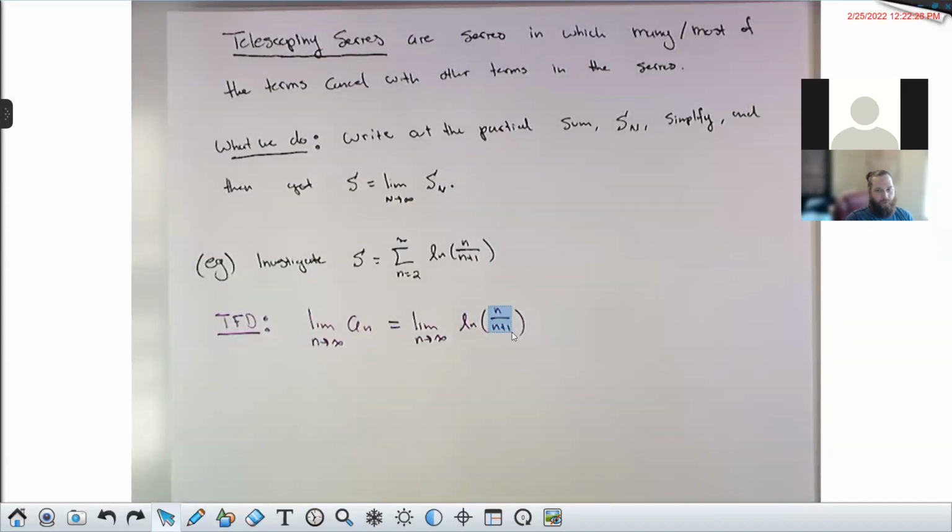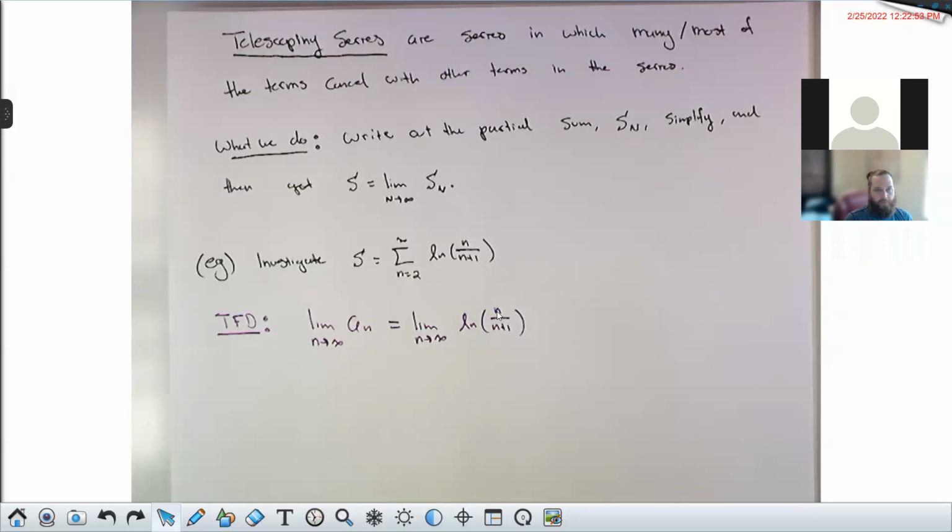What does n over n plus 1 do as n goes to infinity? Kind of forget about the natural log for a minute. What does this inside do as n gets big? That's 11.1 stuff. Who can help me with that? You guys know this.